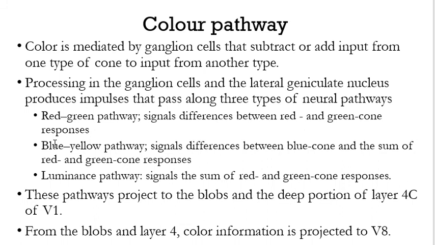All right, so processes in the ganglion cells and the lateral geniculate nucleus produce these definite colors that need to be detected by the brain as A, B, or C.